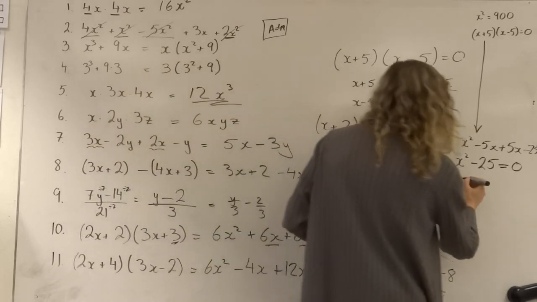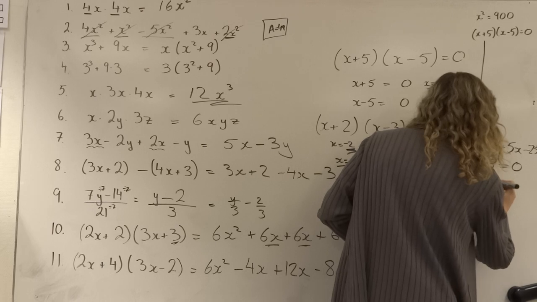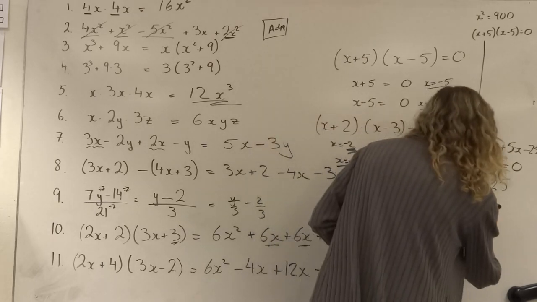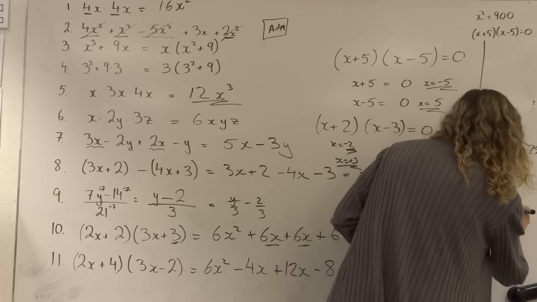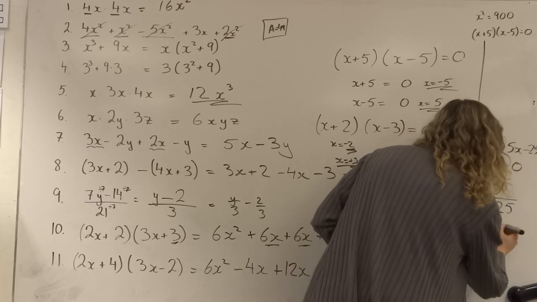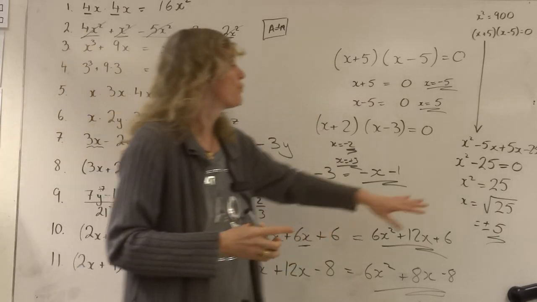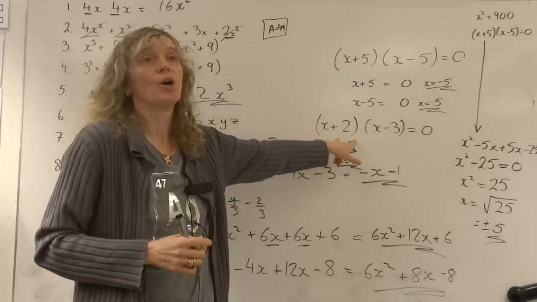Move the 25 to the other side, you know that x squared equals 25. So x must be the square root of 25, which you know is plus or minus 5. So this is the proof that this method works.